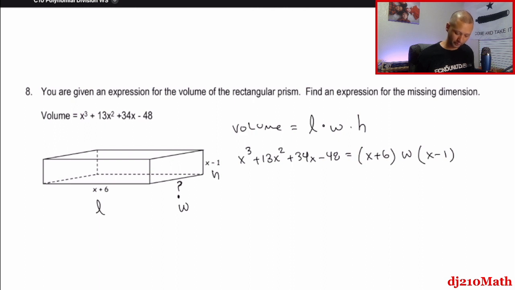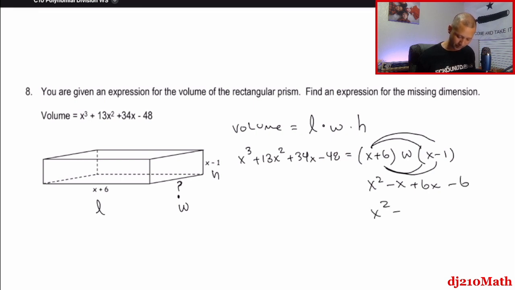If we FOIL this out, we're going to get x squared minus x plus 6x minus 6. Combining like terms, x squared plus 5x minus 6.